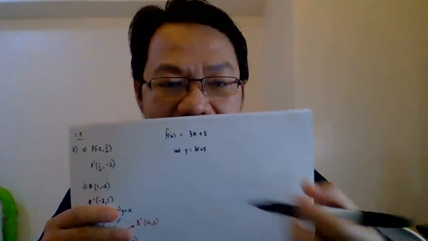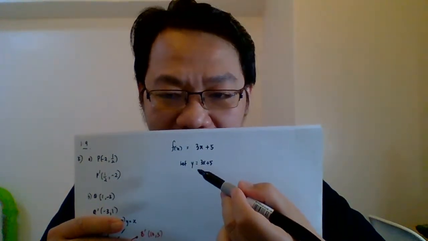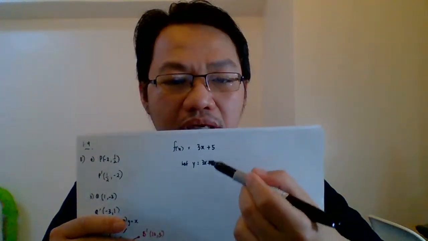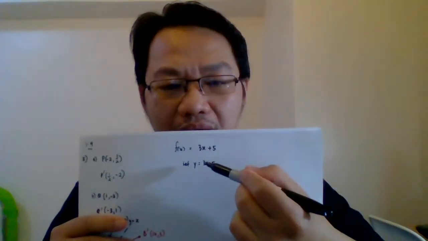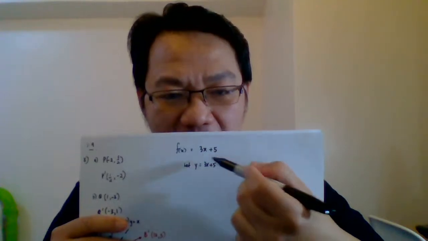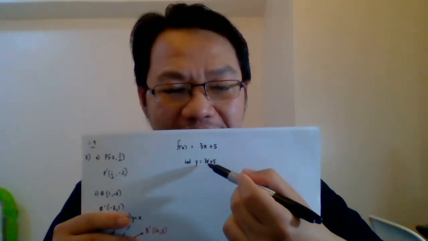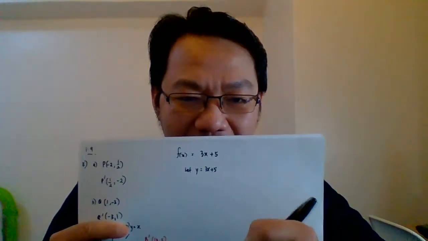We must let y be our subject here. After that, we must simplify this equation so that x becomes the subject at the end. Since the x is already positive, y minus 5 equals 3x, and x equals y minus 5 over 3. This is how we find the inverse.